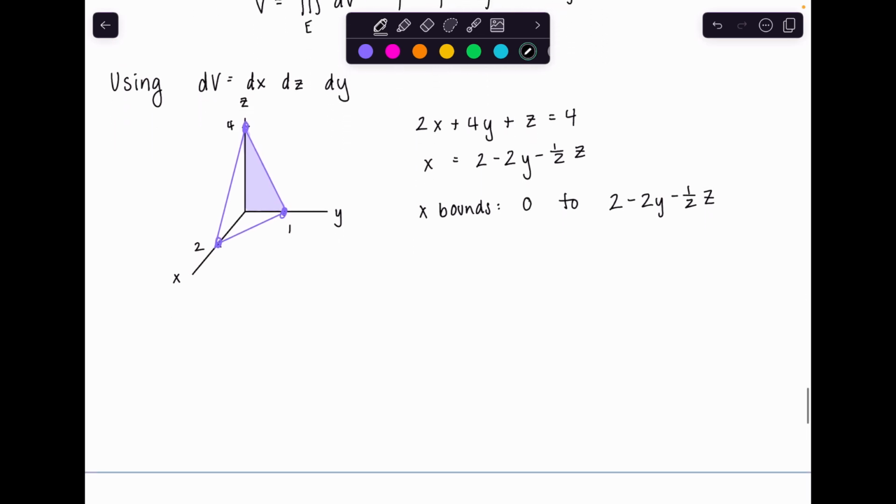Now I want to figure out my bounds using the order dz, dy. So again, drawing what's going on in the YZ plane. My z goes to 4, my y goes to 1. And this is that one side of the tetrahedron.